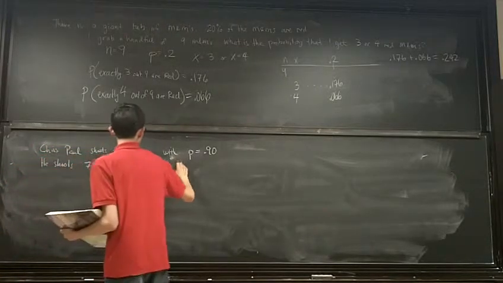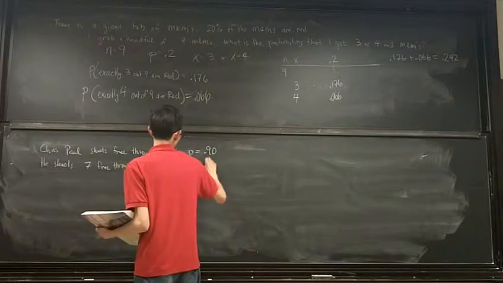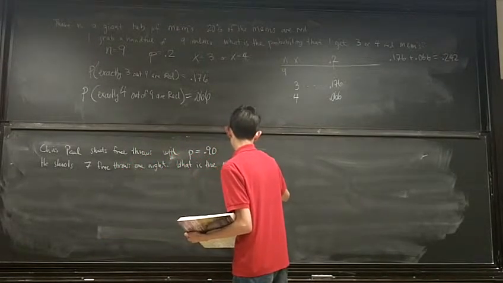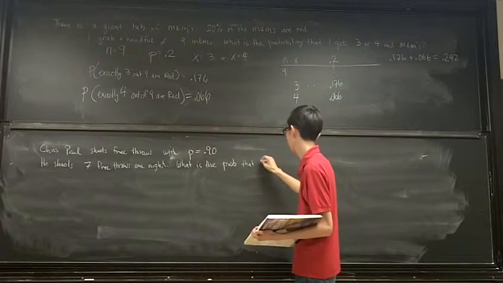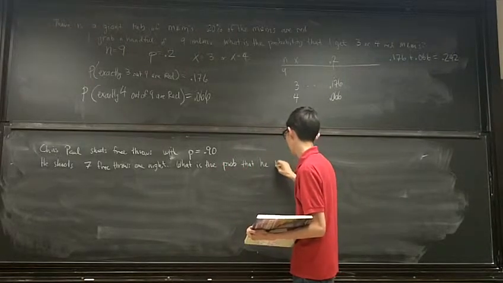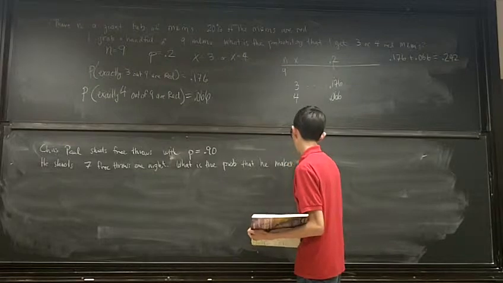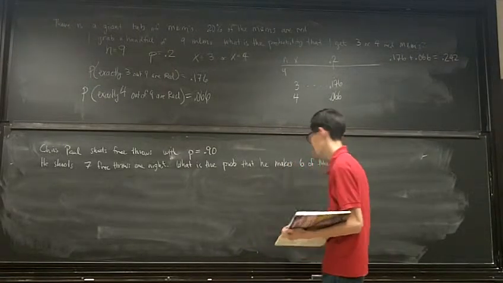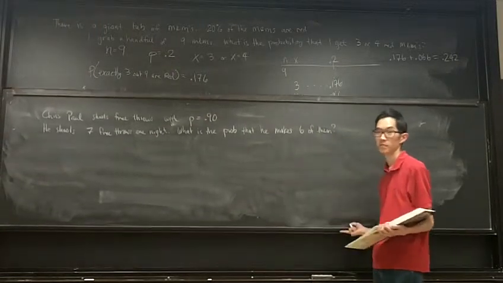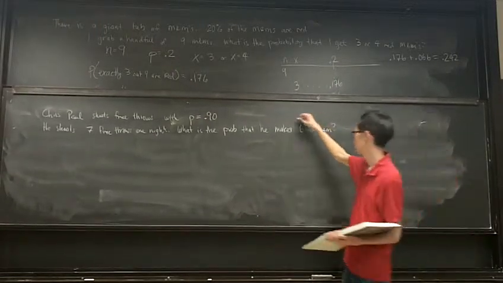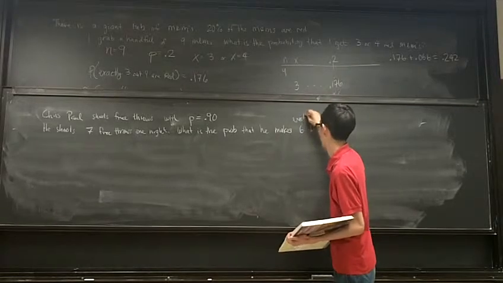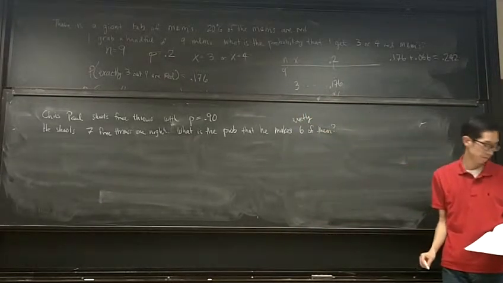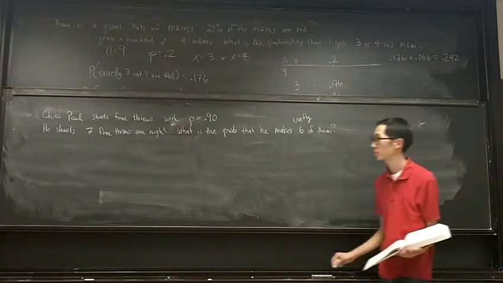What is the probability that he makes exactly 6 of them? So not 7 out of 7, but 6 out of 7. So n would be 7, right?